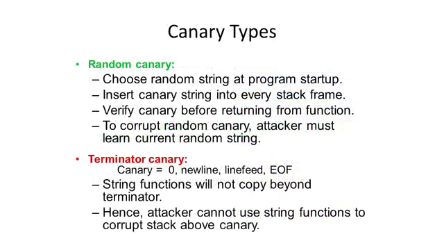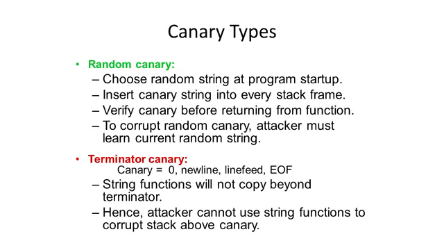Okay, there are two kinds of canary values that are proposed. One is the random canary. We choose a random string at program startup, and because random is more difficult for a hacker to guess, they need to either have access to the system, using a debugger, to figure out how this random value is set.